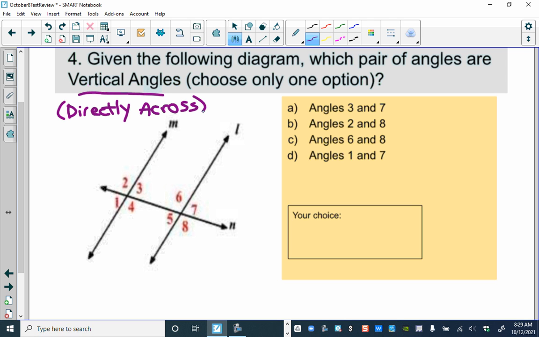Are 3 and 7 directly across from each other? Look at angle number 3. Is it directly across from angle number 7? No. So it's not choice A, because 3 and 7 are corresponding.